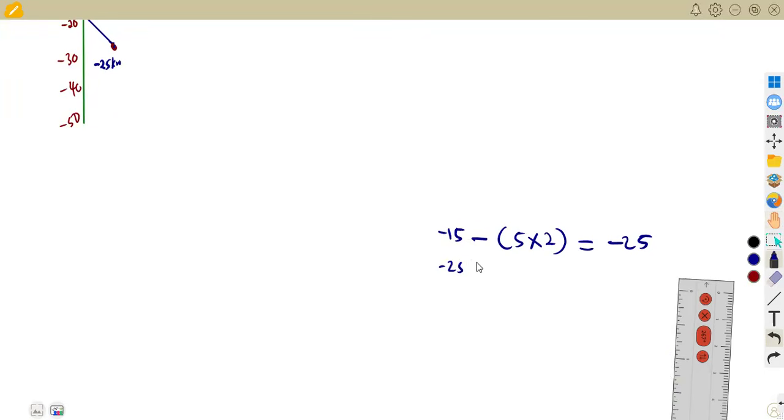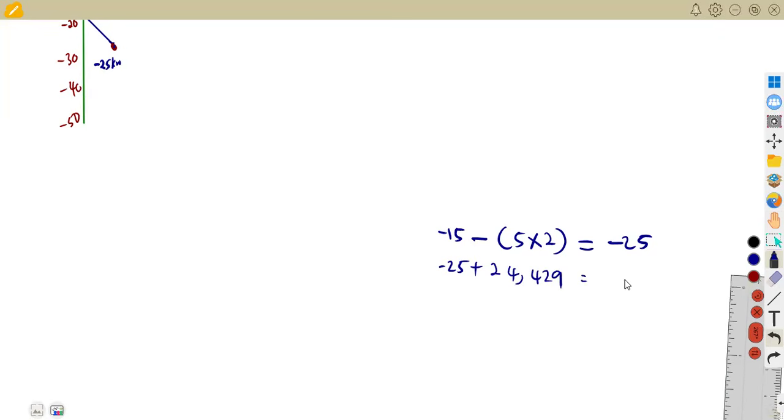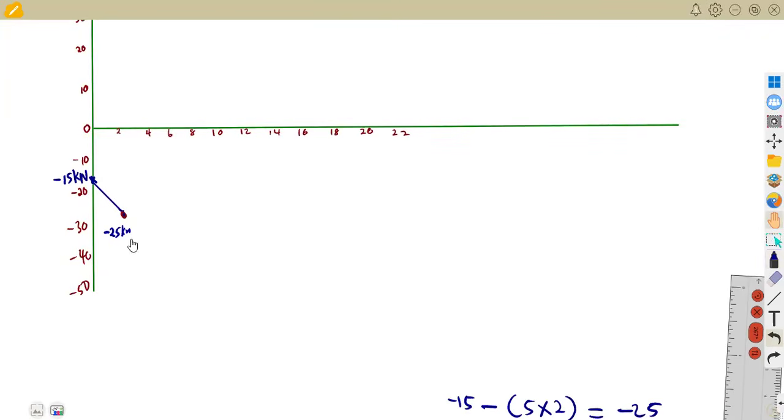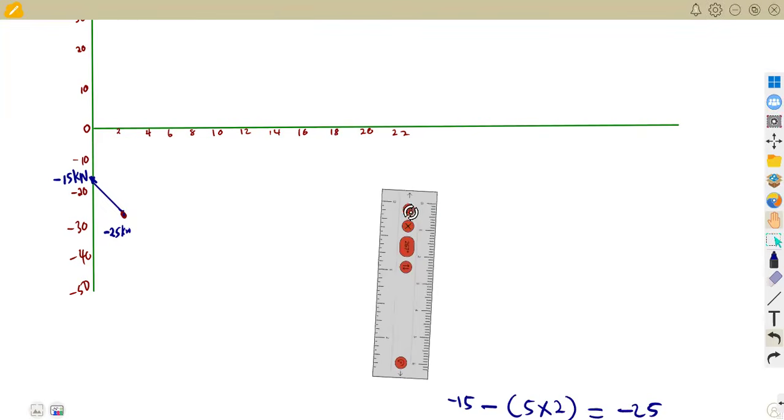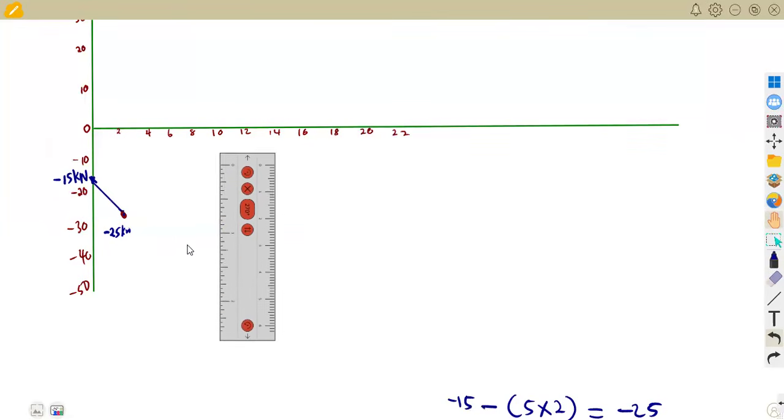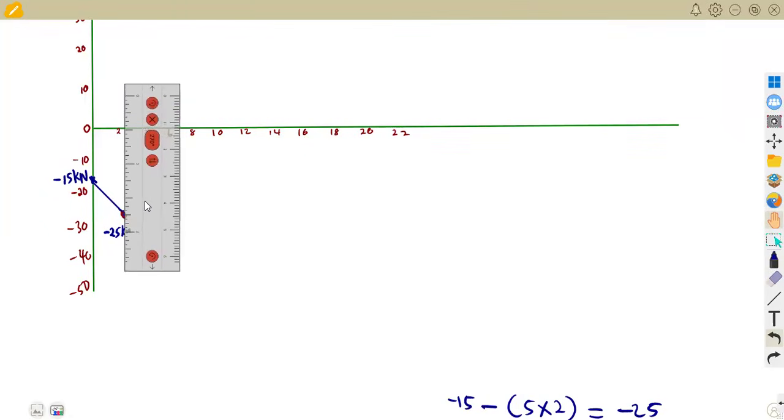So at negative 25, if we add B, which is 24,429, we are going to end up at negative 0,571. That is where we are going to end. And remember, we are going up, and this is just before 0 here. So you're going to go straight up, approximately somewhere here.